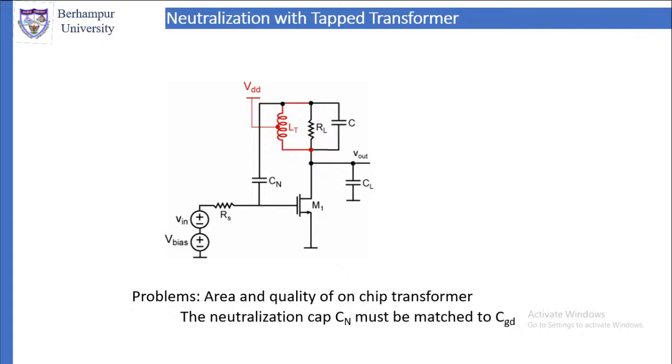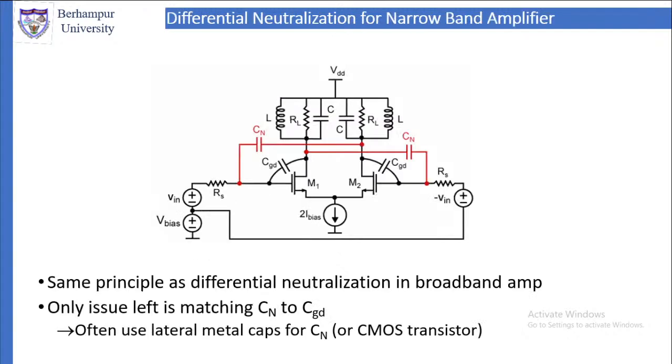The problem with this is that once you use an inductor, it requires more area, more real estate. So the problem is area, and the quality of the on-chip transformer is affected. Then the neutralization capacitance Cn must be matched to CGD. This matching is a must for neutralization using a tapped transformer. These are the problems.